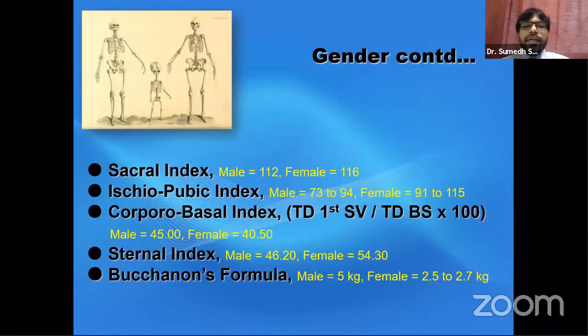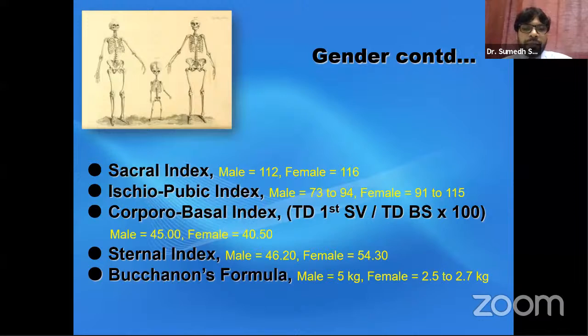Then there are certain indices which were calculated by certain anthropologists and anatomists, and the regression formulae they have statistically produced, around the sacral index. Whenever you are talking about indices, any index is a ratio of breadth to length multiplied by 100.